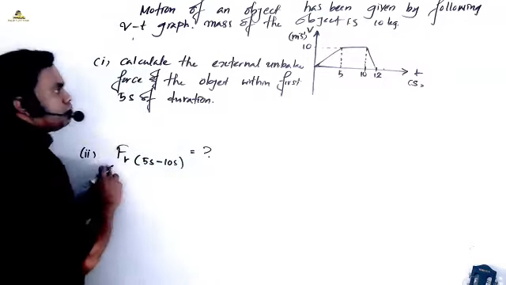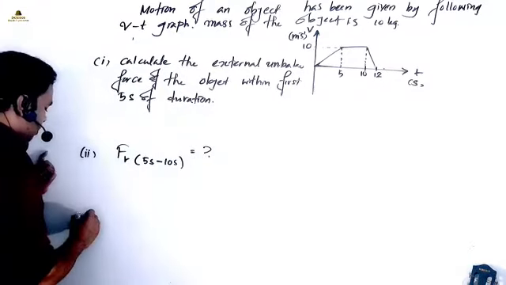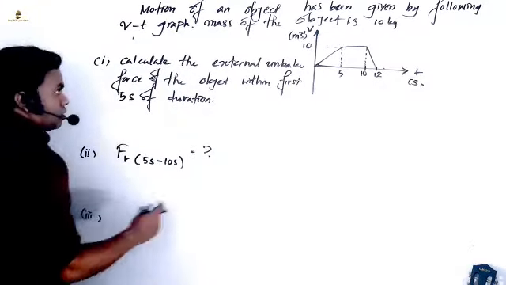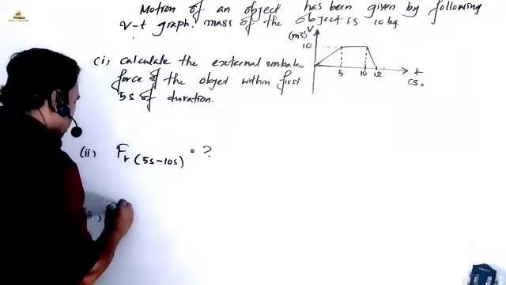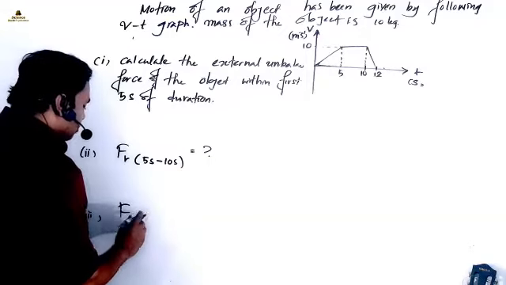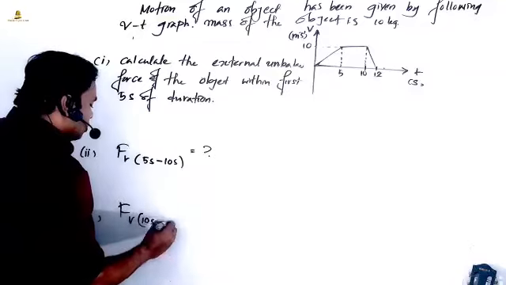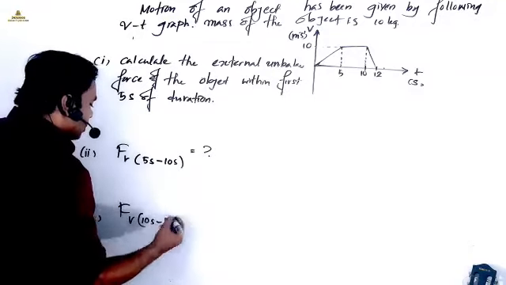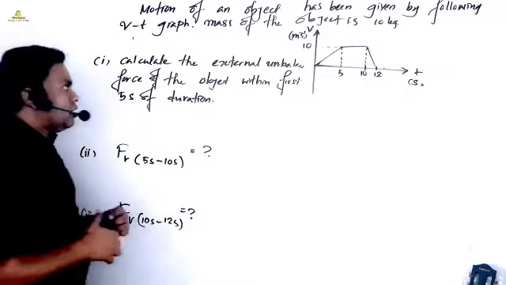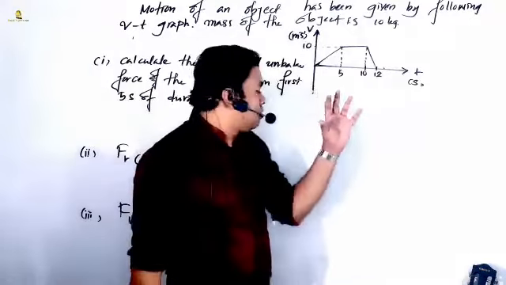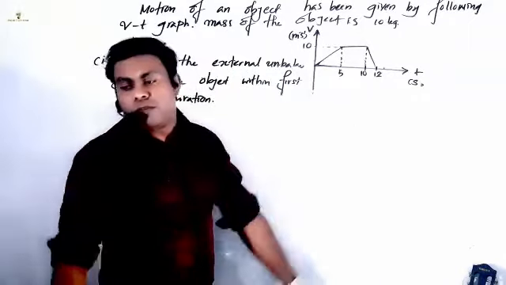Resultant force from 5th second to 10th second. Yes, next question. Resultant force from 10th second to 12th second. F resultant. Yes, 10th second to 12th second. Okay, so these are the questions you have to do. And motion description has been given in a velocity time graph.